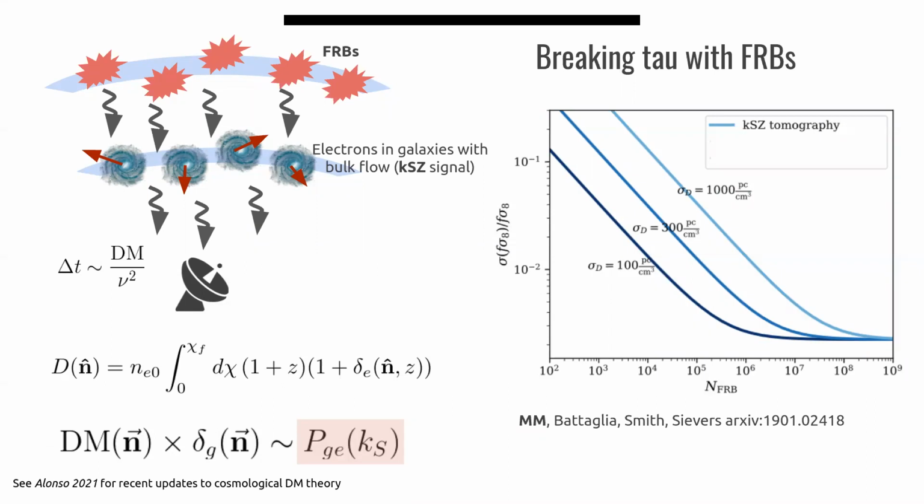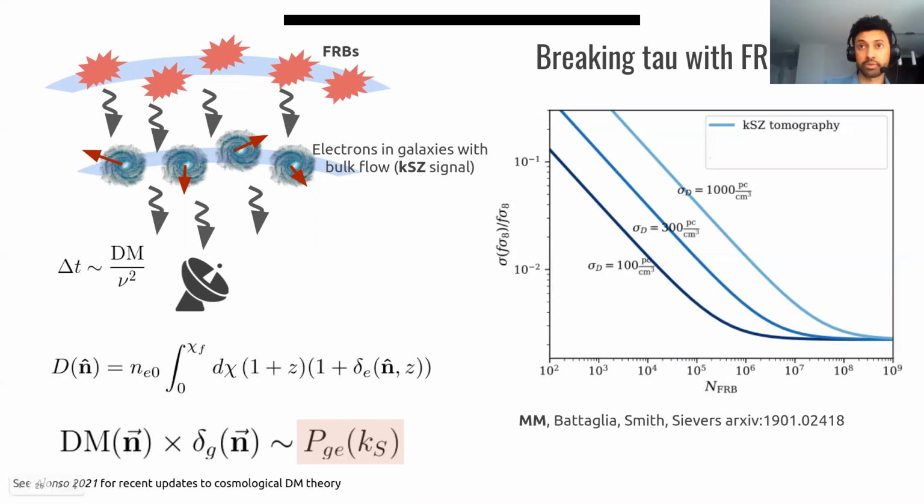Between the FRB and the host and the galaxy that you have in the foreground, and then also electrons between the galaxy and us. So that is to say that you are getting a tau which is more than the tau associated with the electrons moving with the velocity that you are trying to determine. And I'm sure you have thought this through.